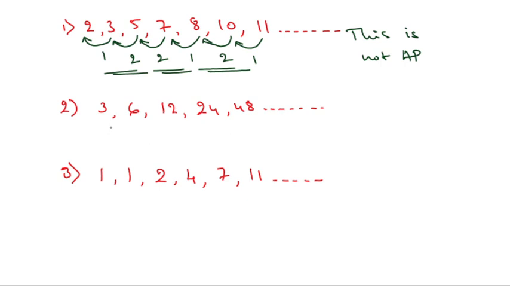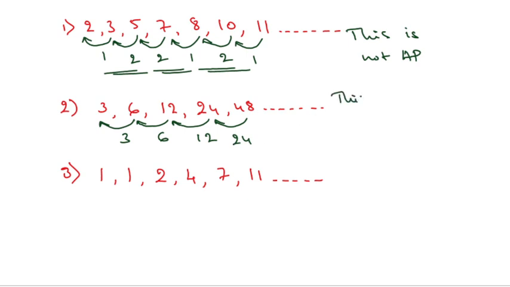Again, if you see the second list of numbers, 6 minus 3, 3. 12 minus 6, 6. 24 minus 12, 12. 48 minus 24, it is 24. Here also the common difference, or you can say the difference between consecutive numbers, is not the same.